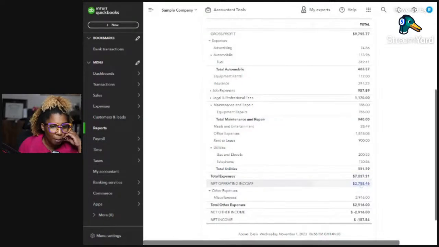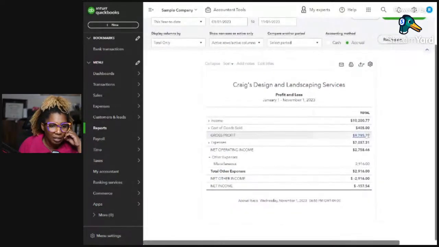So net operating income is $2,758.46. So our dear friend Craig made $9,000. He had $7,000 in expenses, and he has a net operating income of $2,700.